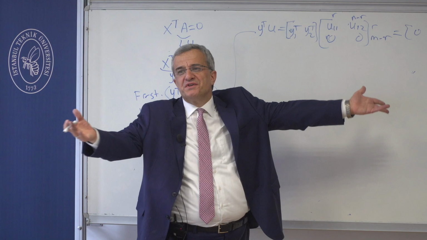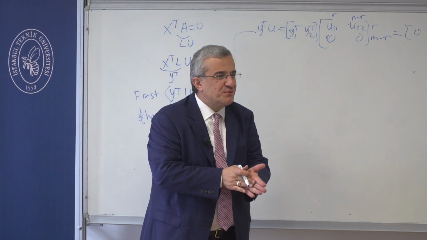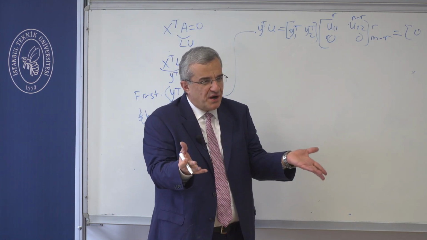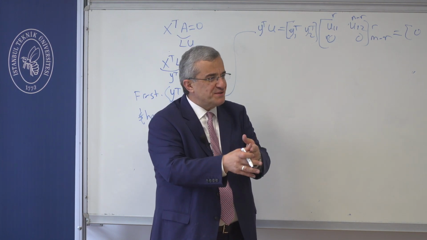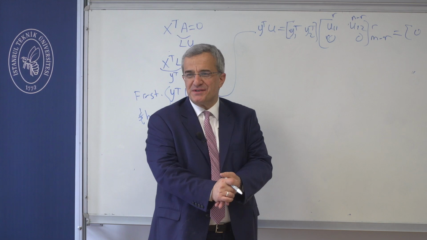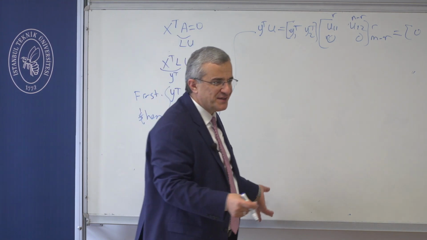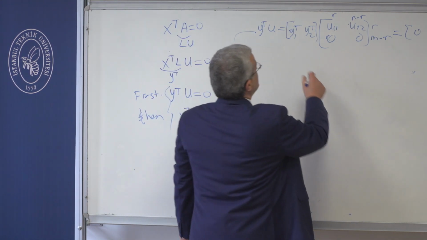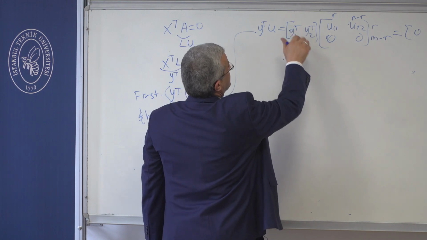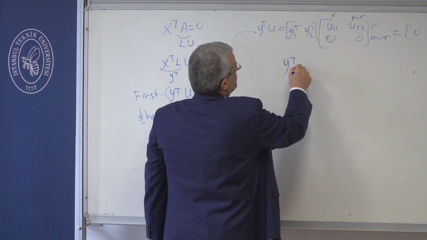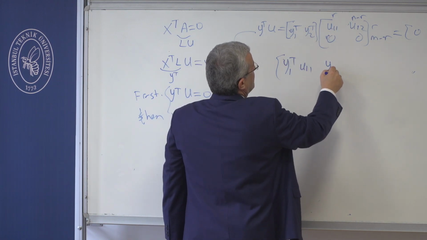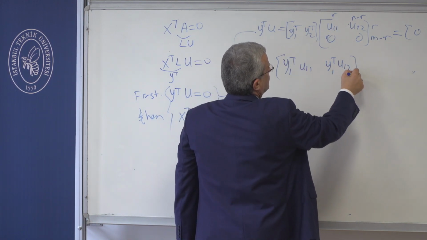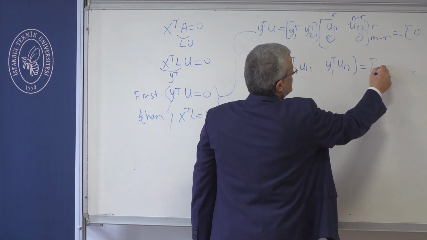Because I am looking for the null space, right? I am trying to find out what are the animals living in the null space. This is a space, and some animals live there. They are the vectors, right? So you multiply this, you obtain Y1 transpose U11, and you multiply with this one, Y1 transpose U12 is equal to 0, 0.